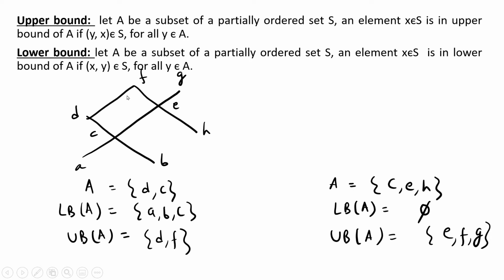Then, because it's a poset, by the definition of a poset it should be reflexive, antisymmetric and transitive. So there will be a self loop.